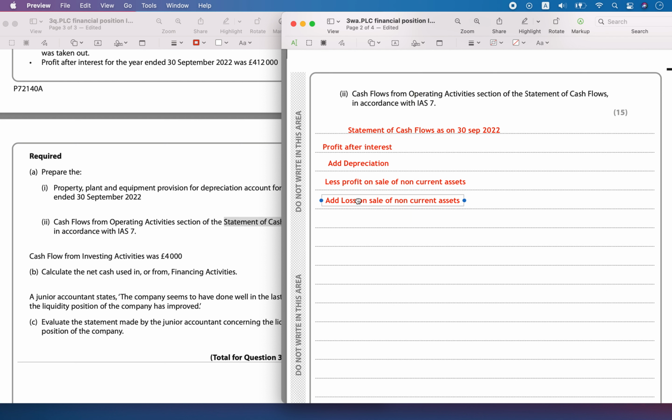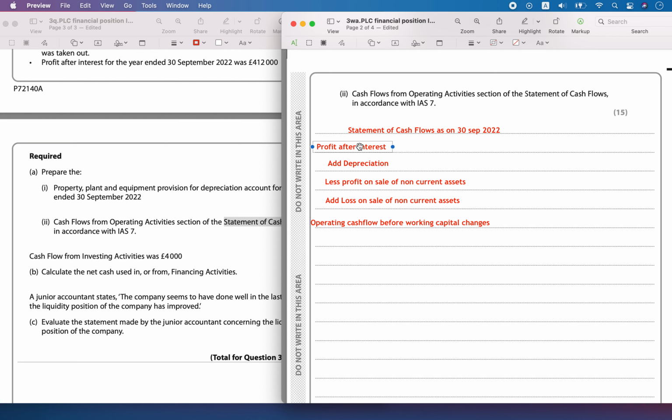Now after this I will be able to get operating cash flow. When I do this, I will get operating cash flow before any working capital changes. So what am I doing? I am trying to include whatever cash inflow and outflow has happened.